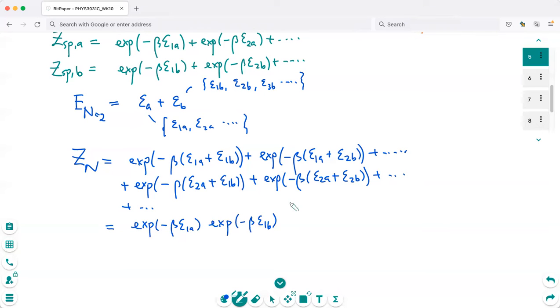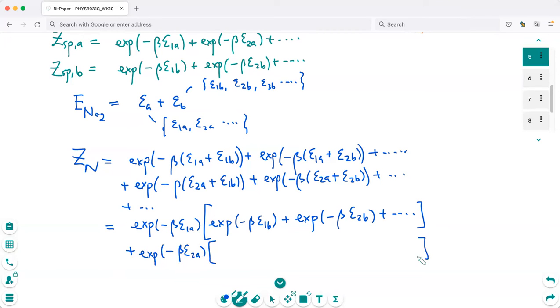And then I can do the same for the rest. So this gives me the common factor that I can pull out, 2B, and then plus, multiplied by the same thing.